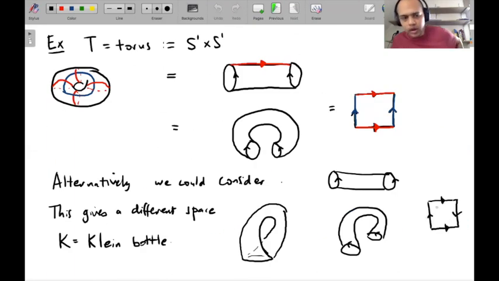So maybe I'll state it as a theorem that the torus is not topologically equivalent to the Klein bottle. So doing this gluing in a different way actually gives you a new, different space. Okay, we'll prove this later, eventually, once we know about fundamental groups.